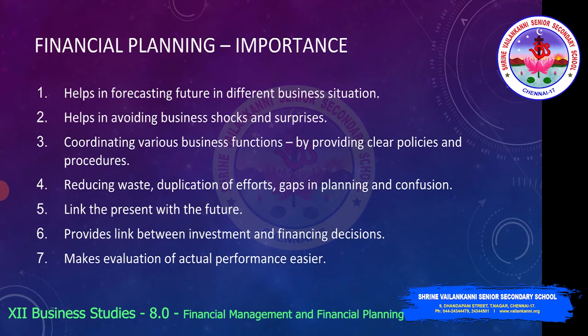The second one is helps in avoiding business shocks and surprises. So you're planning ahead. Obviously if you're planning ahead, there's going to be a known approach, that is you are ready for the outcome. So obviously it does not bring you shocks and surprises.